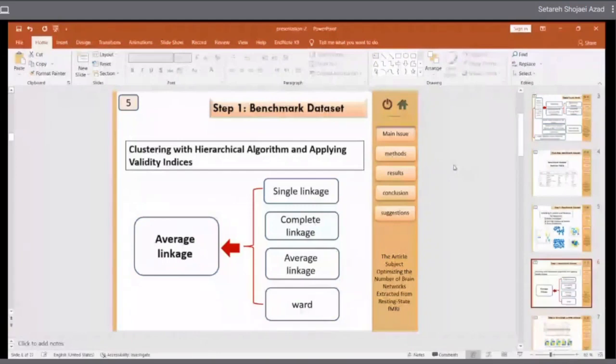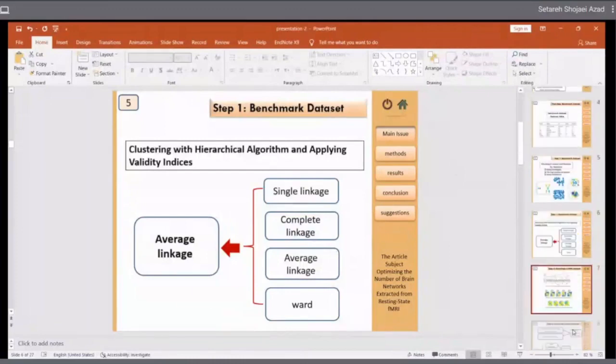And between average linkage and Ward linkage, the average linkage was more robust and worked better in different conditions. So we chose this algorithm, average linkage in hierarchical clustering.